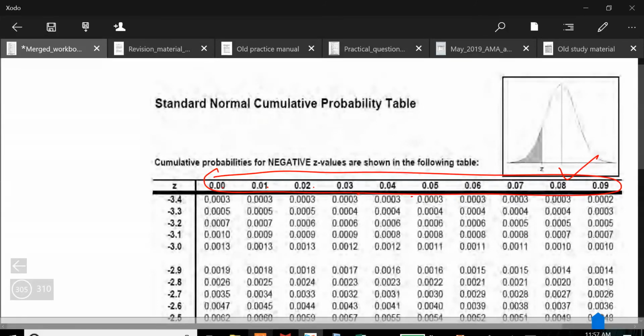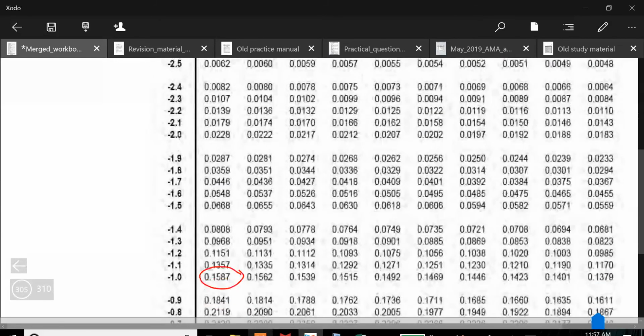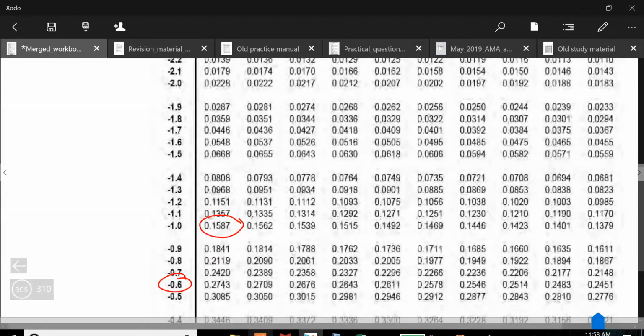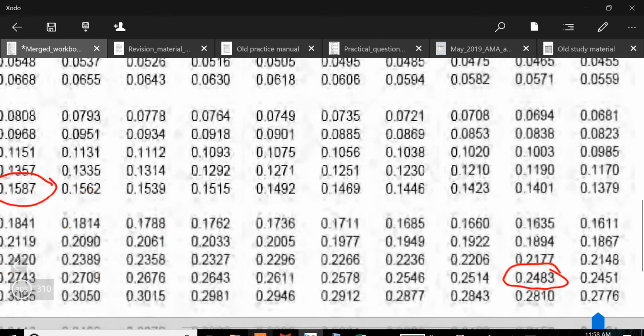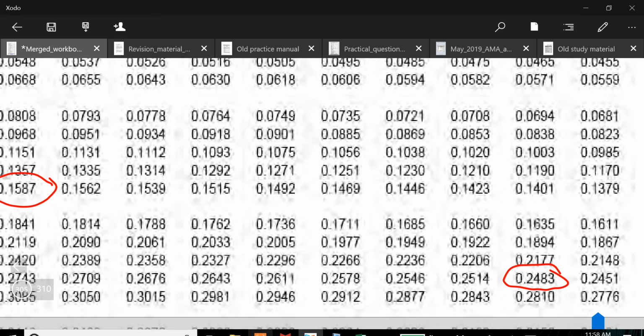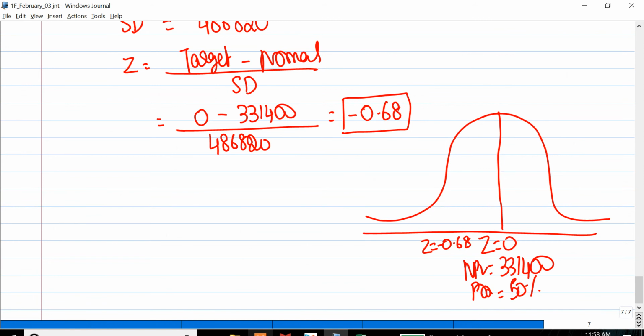For 0.68 the value is 0.2483. It will be there in the printed material which you have. Any doubts on this? That value is basically the left hand side. So this is 0.2483.